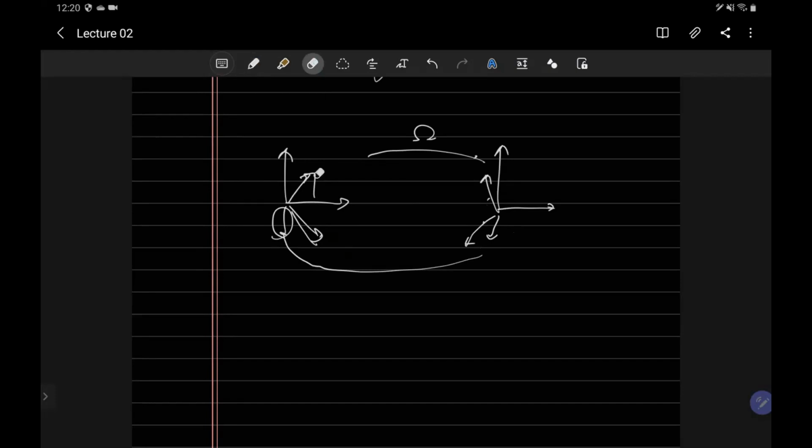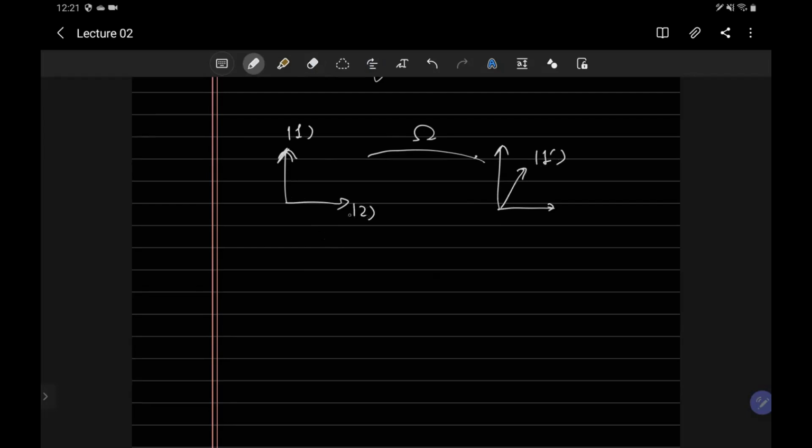However, once we have the linearity condition, the situation is completely different. For example, if I know how basis vector 1 is transformed to a new vector in the output space, I will call it 1 prime, and if I know how basis vector 2 is transformed to a new vector, I will call it 2 prime, then we know a lot of things.